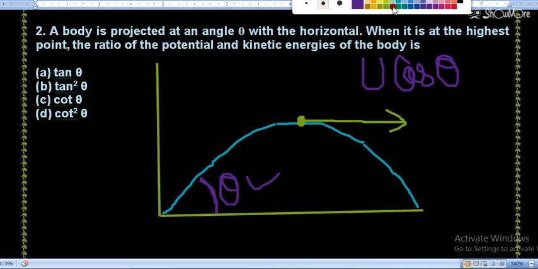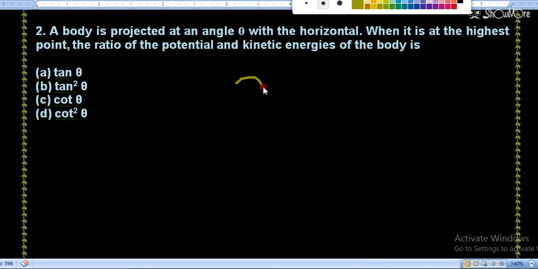And now what he is saying, we have to find the ratio of potential and kinetic energy of the body at the highest point. So what we can do, we can find mgh, which is potential energy.